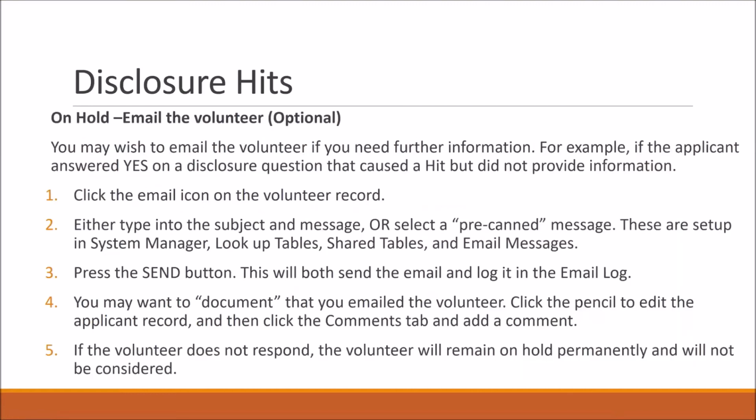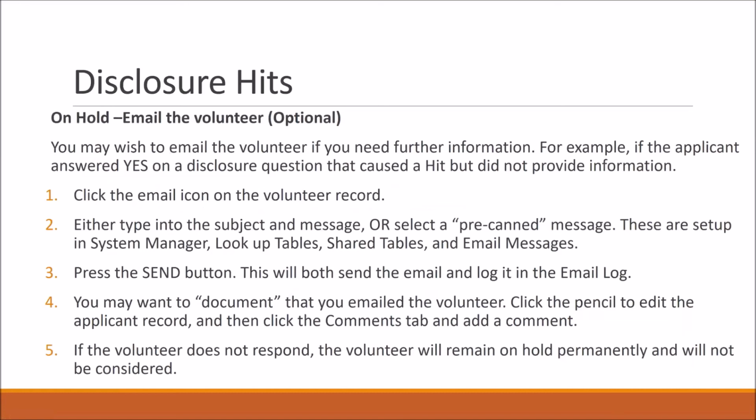All right. While we're on the discussion of disclosure hits, this is just an optional process that I like to point out, that some people like to do. When you're dealing with hits and holds and things, sometimes you just need more information because it's not clear.